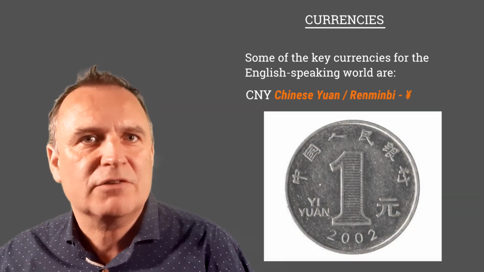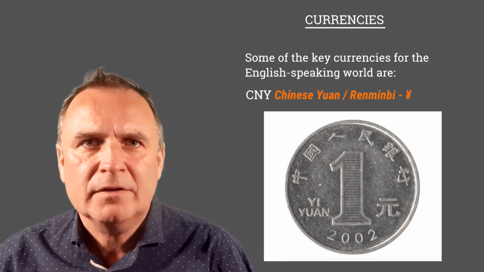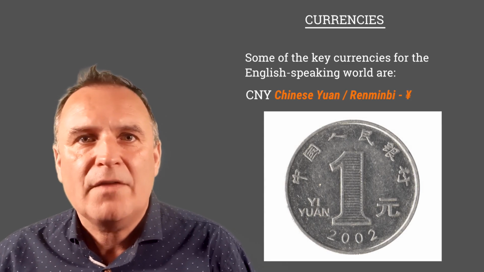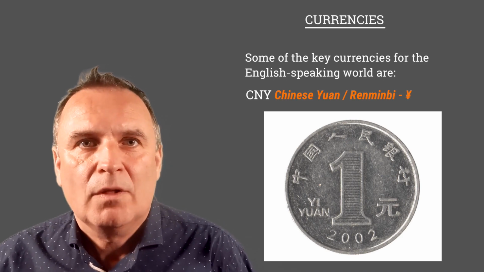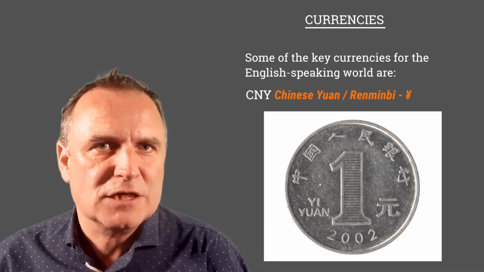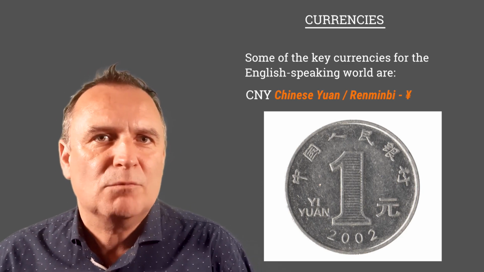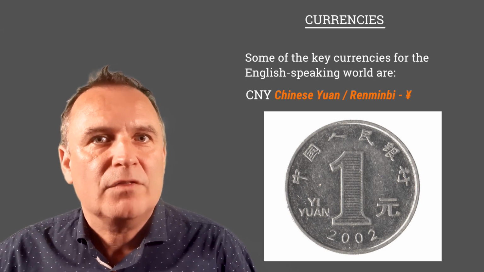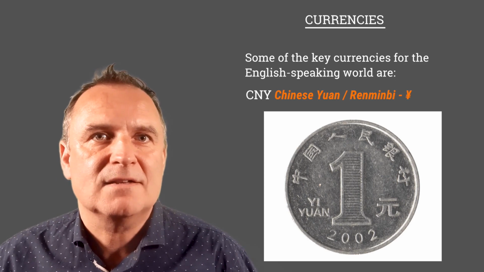In China, things are a little bit more complicated because you have the yuan, with the code CNY, and the renminbi, with the code RMB. And these are largely interchangeable, although it seems that the yuan is more aligned with the definition of the unit, and the renminbi is closer defined as the currency.